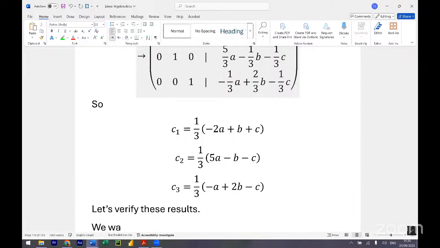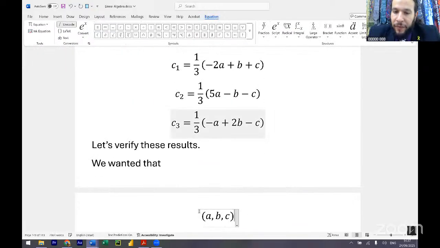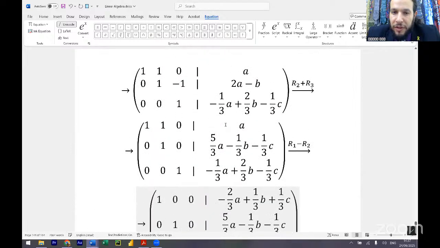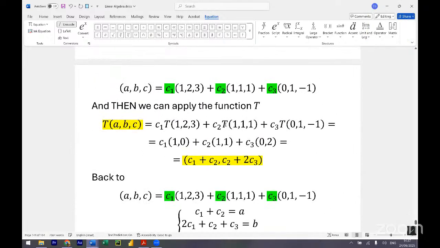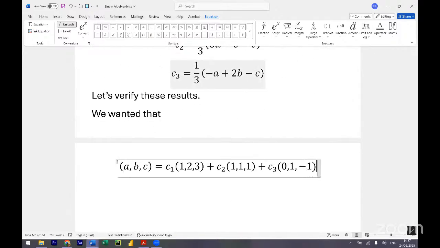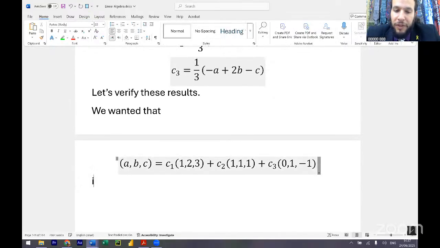We wanted that A, B, C will equal C1 times 1, 2, 3 plus C2 times 1, 1, 1 plus C3 times, who remembers? 0, 1, minus 1. We found them all. Let's see if it's true. Let me be optimistic.